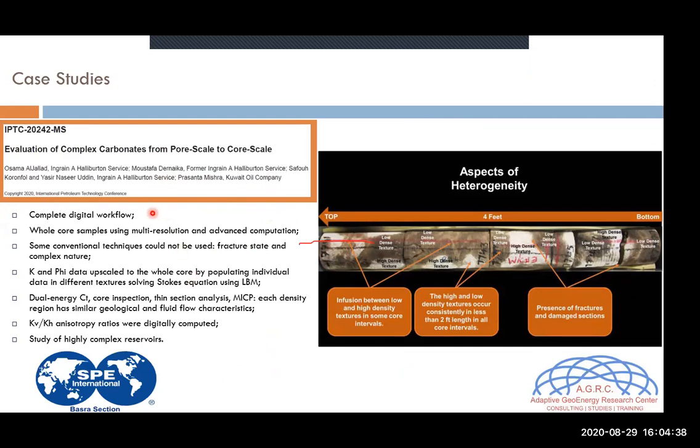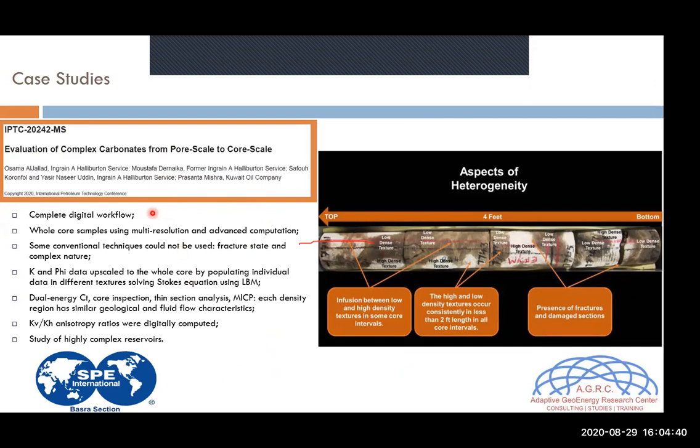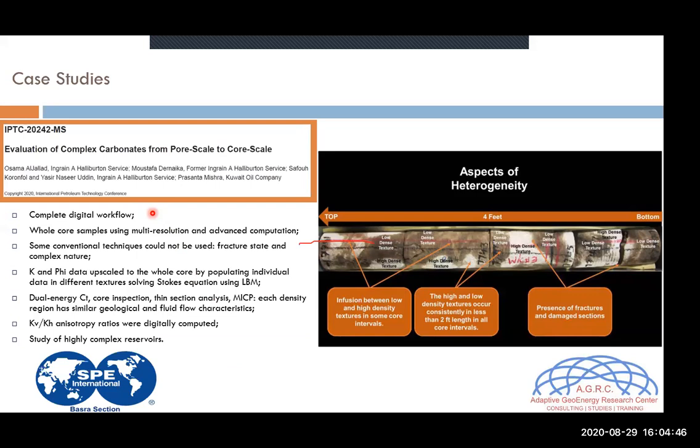It's a digital workflow. So we will start with the acquisition of the whole core. You're going to see this, and you're going to do a multi-resolution and advanced computation using Lattice Boltzmann in this case. You're going to use some conventional techniques to give us some hints, some ideas, or at least to do a quality control of our results.